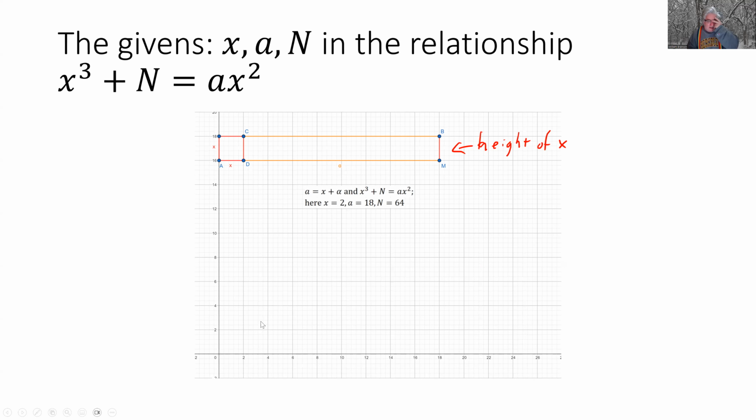And that's what Cardano actually has in his pictures. Again, this is a, and x cubed plus n equals ax squared. And x plus alpha equals a as well. And for concreteness in GeoGebra, I took x equals 2, a equals 18, and n equals 64.